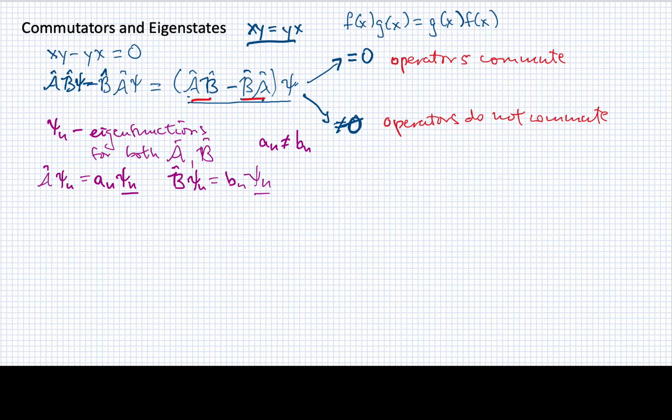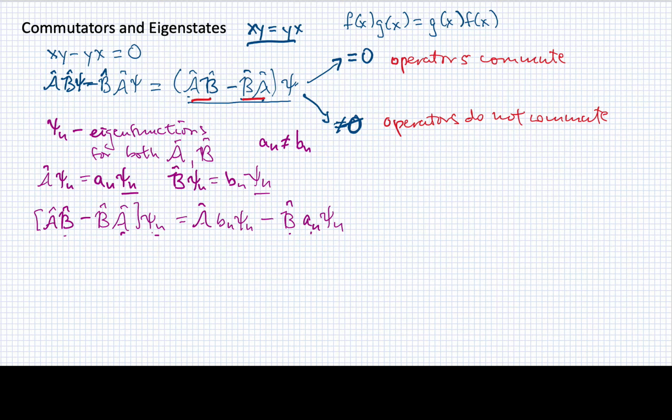All right, so what would I get if I took the operation of a commutator and applied it to one of these functions? Well, I think it's pretty straightforward to see that I'll have A times B operating on this function, which will give me little b sub n times that function. And then I'll have minus B operating on A operating on that function, which gives me little a sub n times that function.